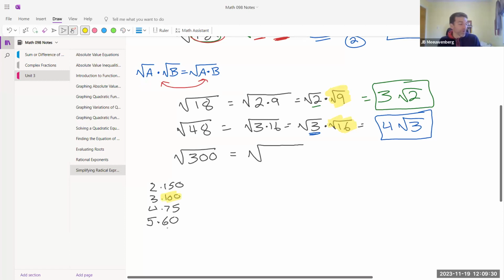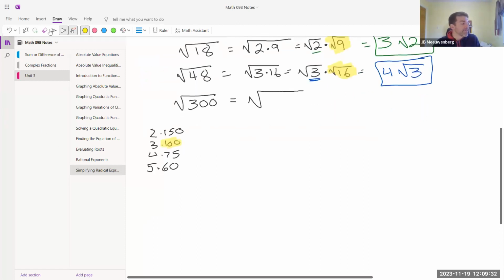We could keep going, right? I could keep going in this list. 5 times 60, 6 times 50. I didn't even do this ahead of time. But I believe 8 is, is 8 divisible? No, not 8. 9, 10 times 30. 12. I believe that there's got to be more. 15 times 20. I think I might have missed one in there.